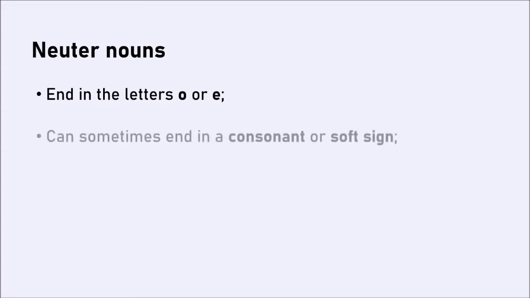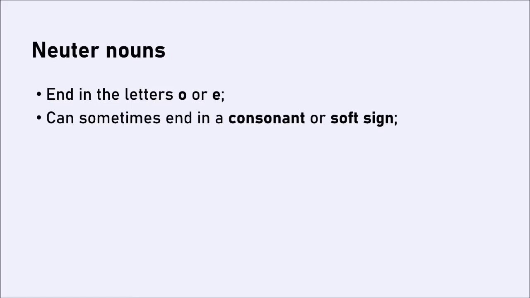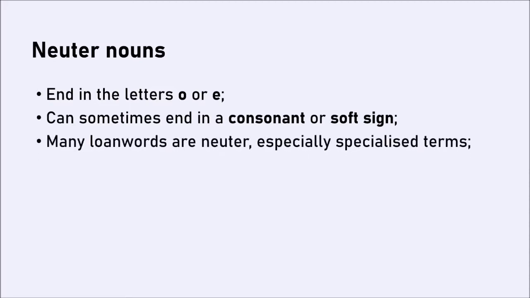And finally, neuter nouns. These tend to end in the letters о or е, okay? And yes, sometimes they can also end in a consonant or a soft sign. And generally, many loan words are neuter, and this concerns mainly specialized terms.